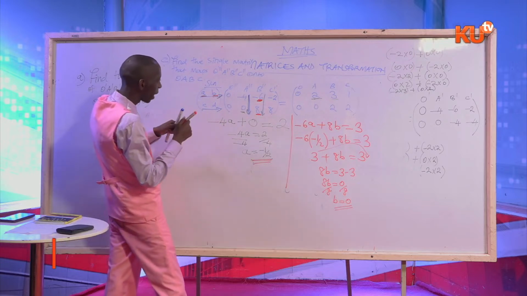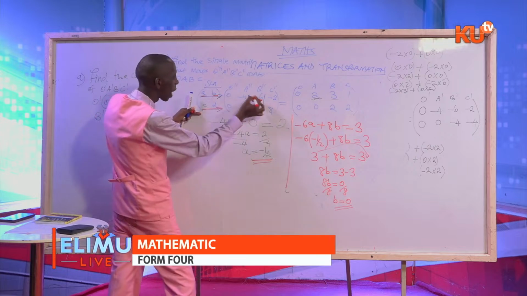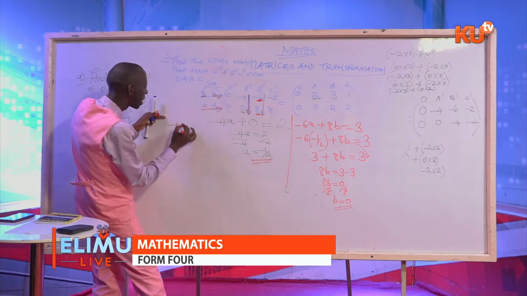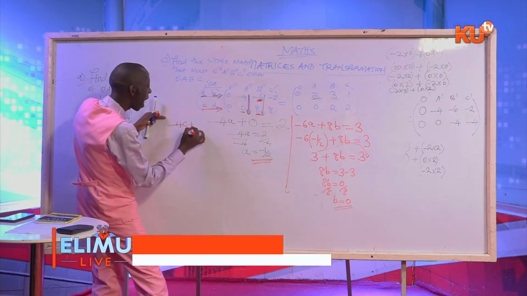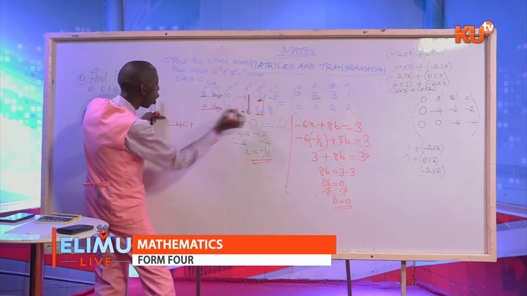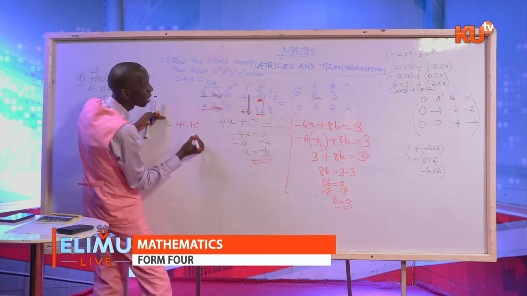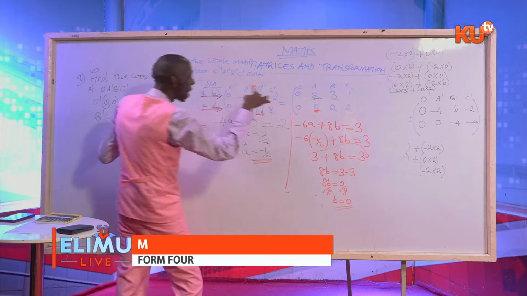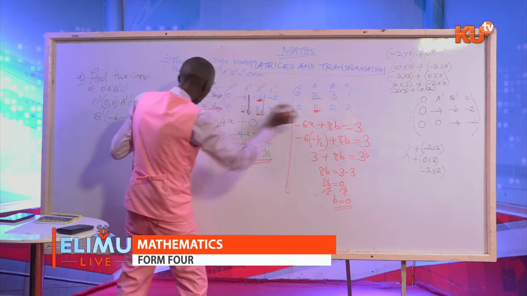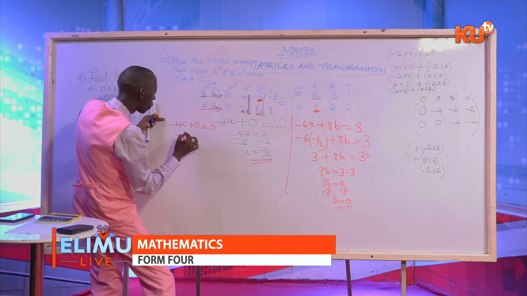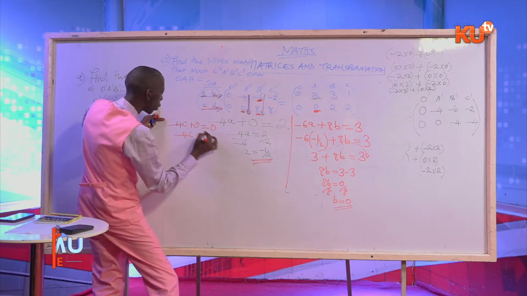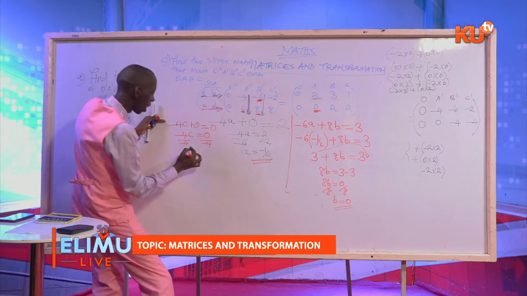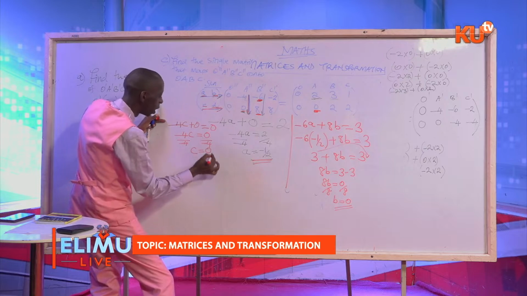C times negative 4, which is negative 4C, plus D times 0, which is 0, should give us 0. Remember, we are in the second row, so it should give us 0. So negative 4C is equal to 0. Divide by negative 4. Our C is equals to 0.